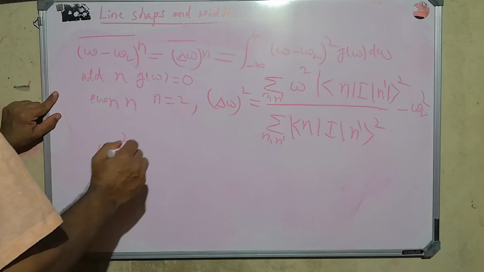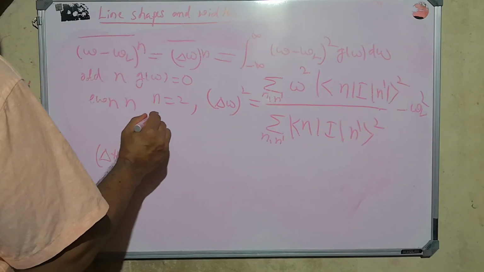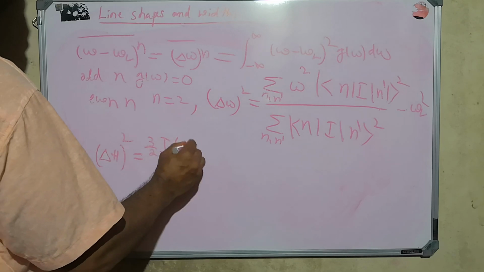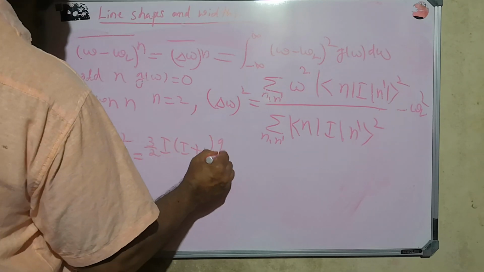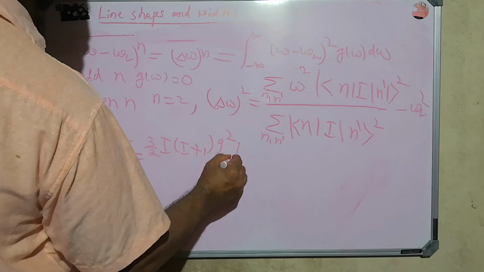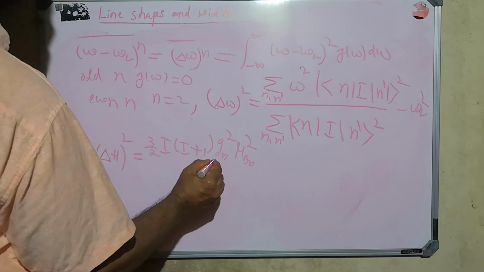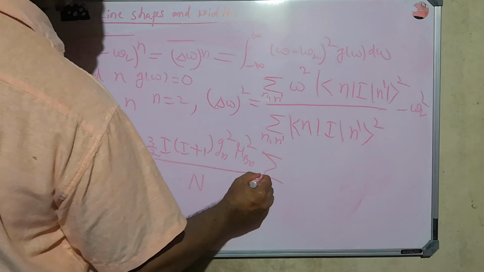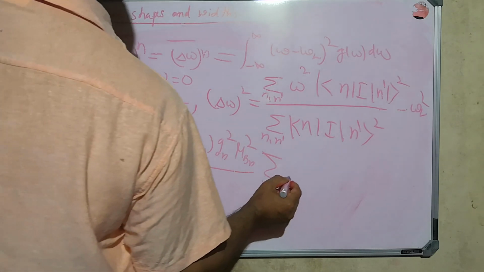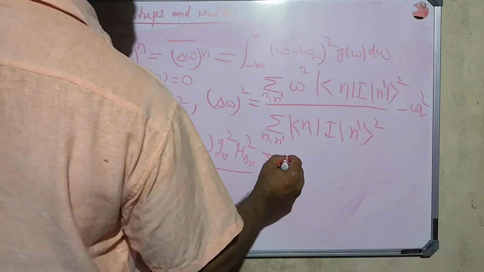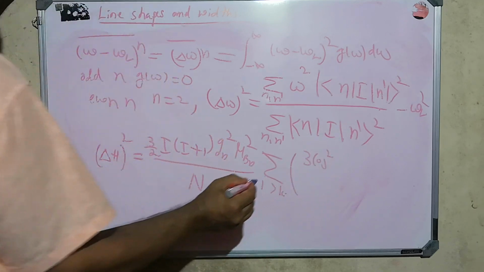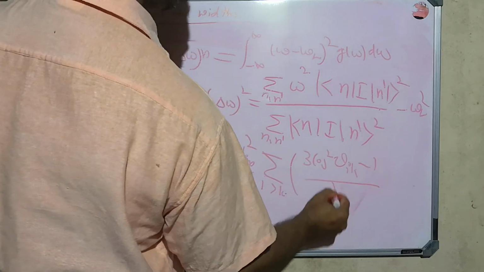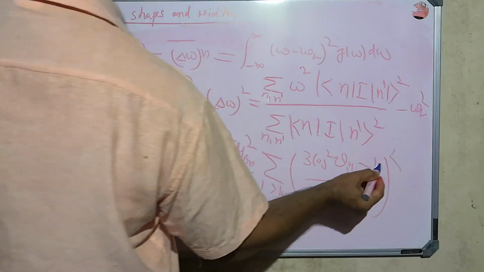We can write this is equal to 3 by 2 into I plus 1, g n square into mu b n square divided by n, summation over I, k, into 3 cos square theta ik minus 1 divided by r ik whole square.